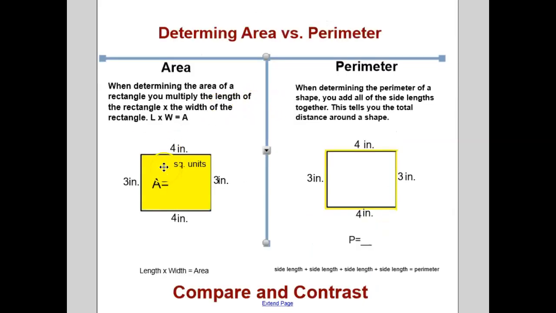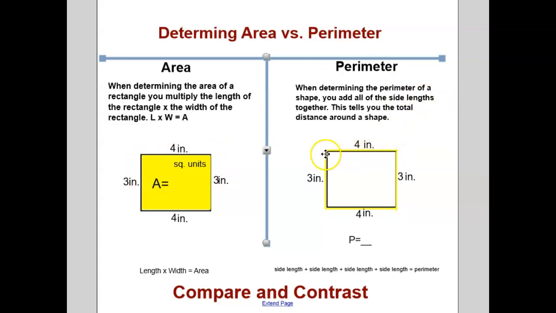So last time you learned all about how to determine the area. You know the area is the space covered by a shape. That's why I filled this in, because area is the total space covered by an entire shape. Perimeter is much different.